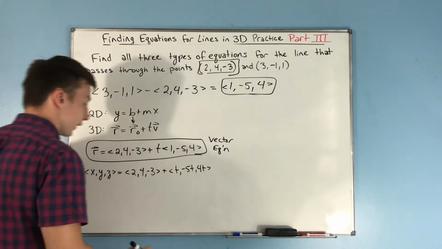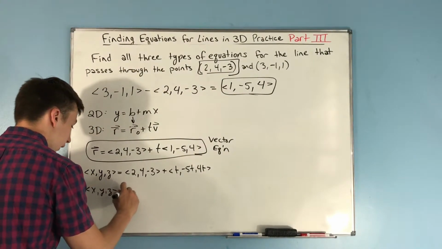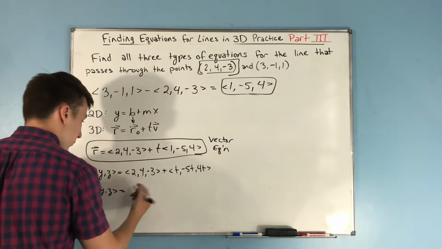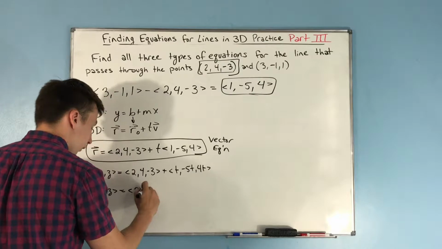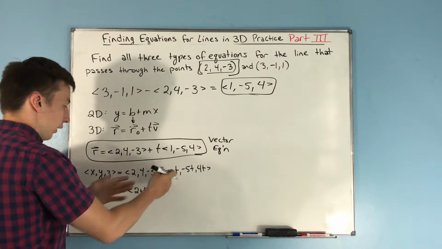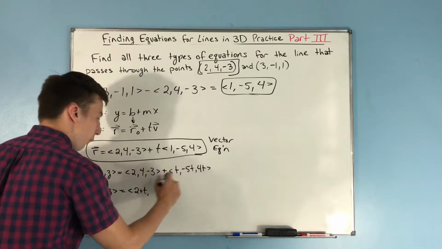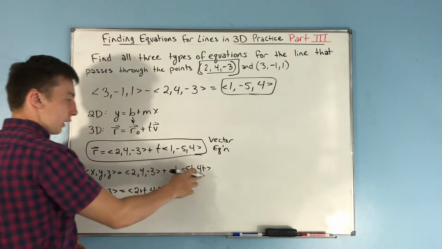Then we add these vectors together, so we get x, y, z equals 2 plus t, since we add our x components, then 4 minus 5t, and then negative 3 plus 4t.